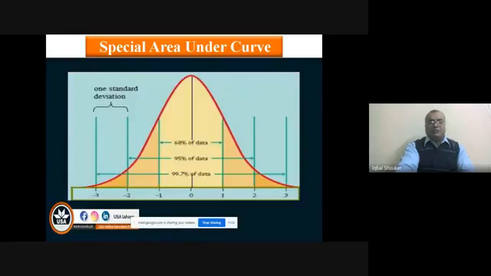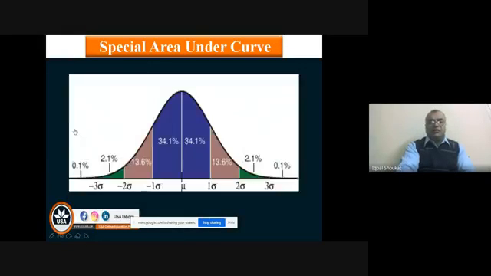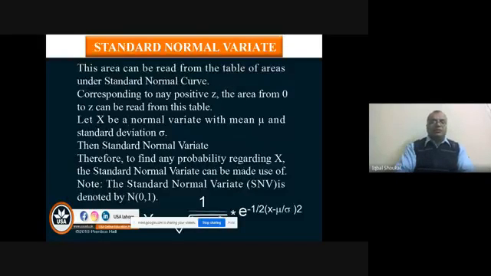Here is the normal curve, the normal distribution, where values can take place from different ranges. The area can be read from the table of areas under the normal curve corresponding to any positive z. The area from 0 to z can be read from the table.